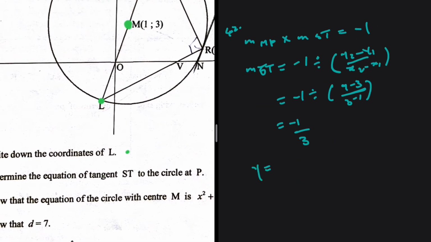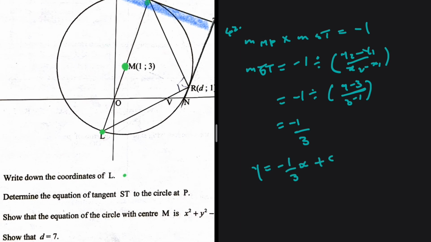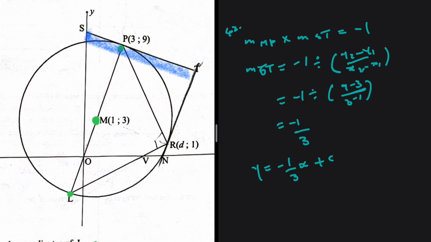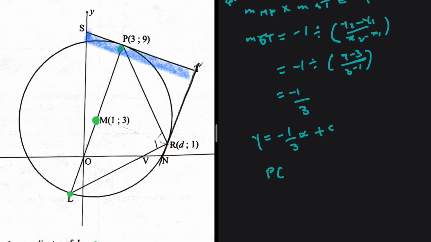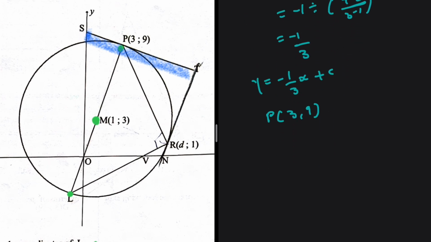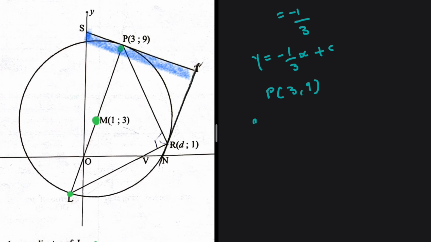So we have y equals minus 1 over 3 x plus c. We just need to substitute a point on ST, which is P. So if we substitute P of coordinates 3 and 9, we're going to have 9 equals minus 1 over 3 x plus c.